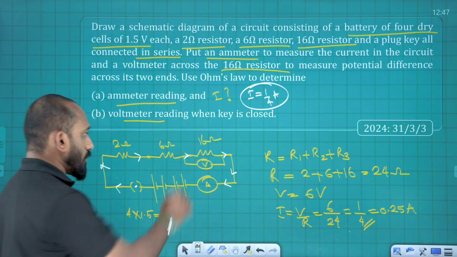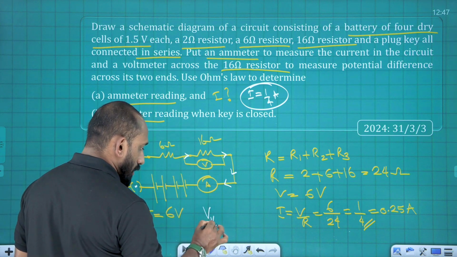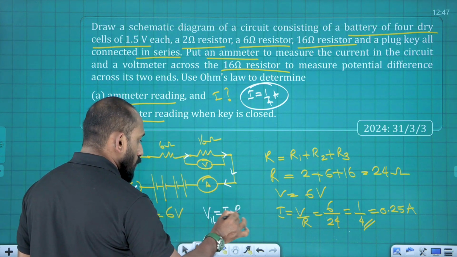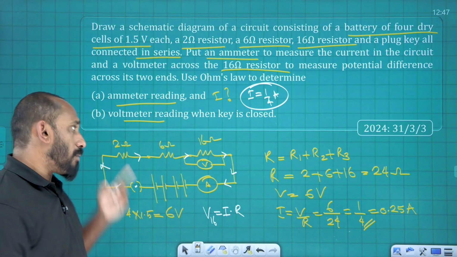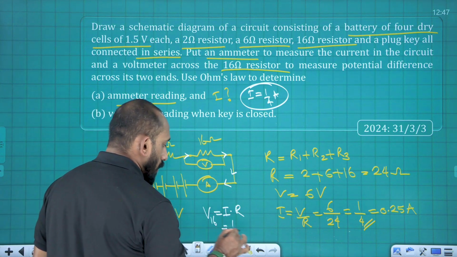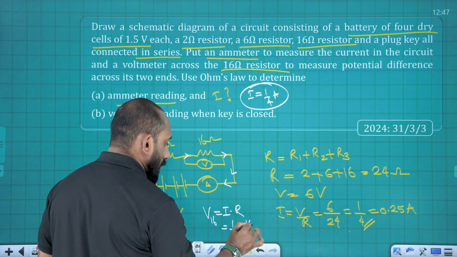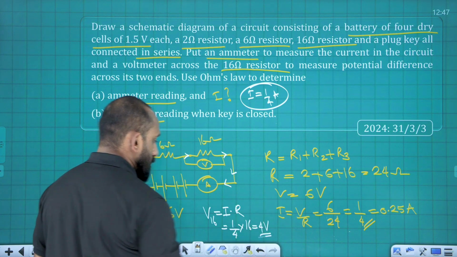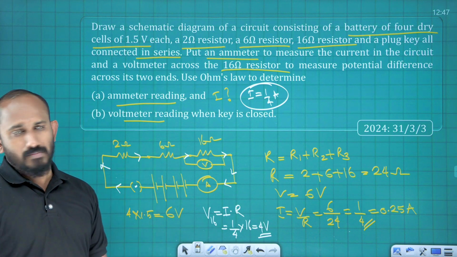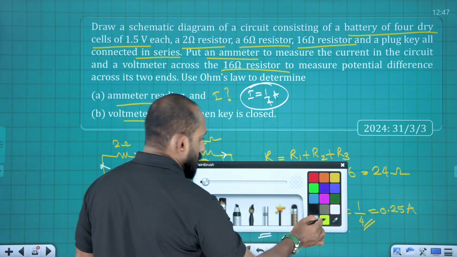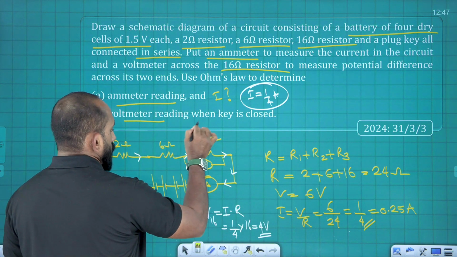So V16 is equal to I into R, Ohm's law, current into resistance. The current is the same everywhere, 1 by 4, into R, which is 16. That is 4 volt. So across the 16 ohm there will be 4 volt of potential difference. So the voltmeter reading is 4 volt.